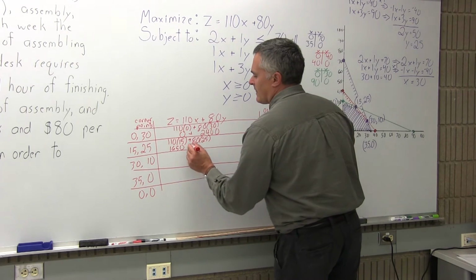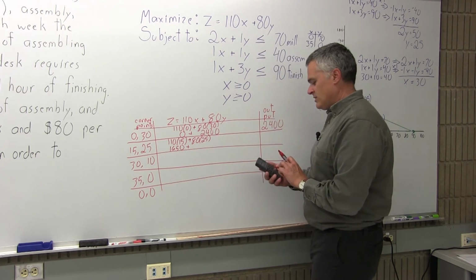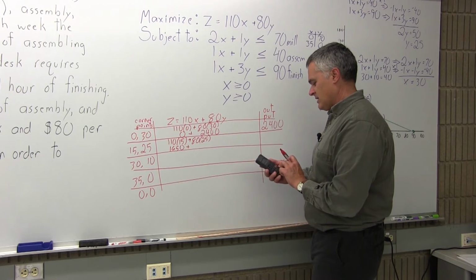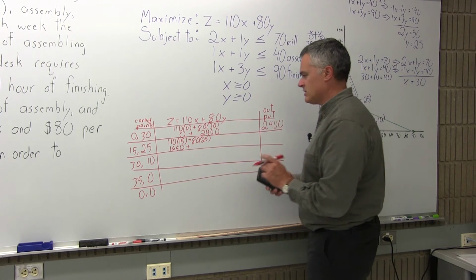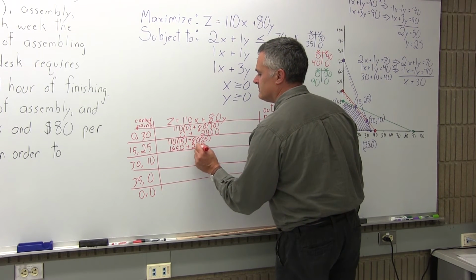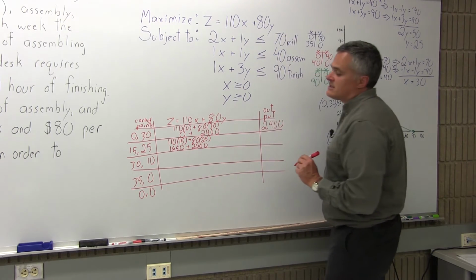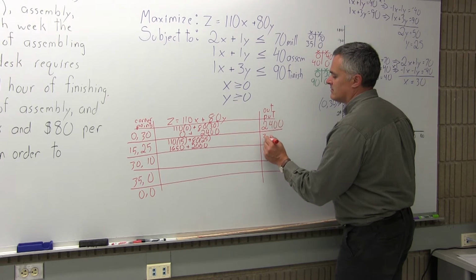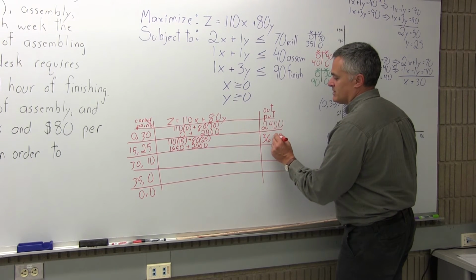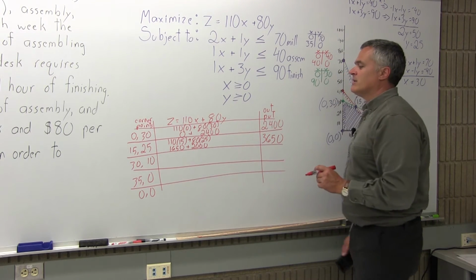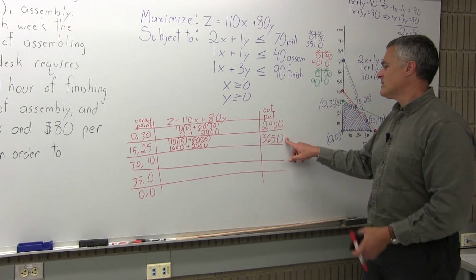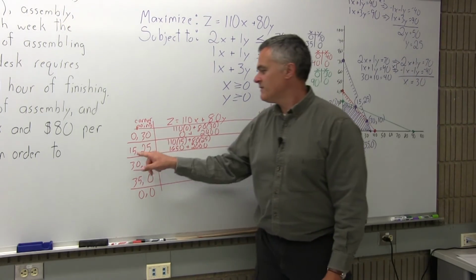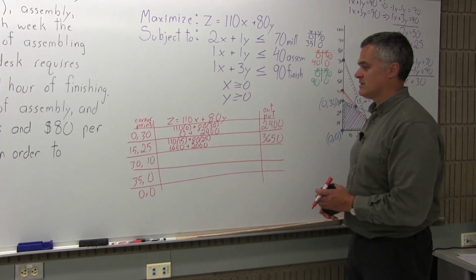Yes. And then 80 times 25 should be 2,000, but since the calculator is in my hand, I'll check that too. It's 2,000. So now 1,650 plus 2,000 is 3,650. So that's more profit, which is better. So that means that you can get a profit of $3,650 by making 15 desks and 25 chairs.